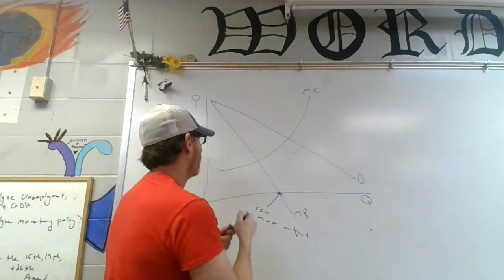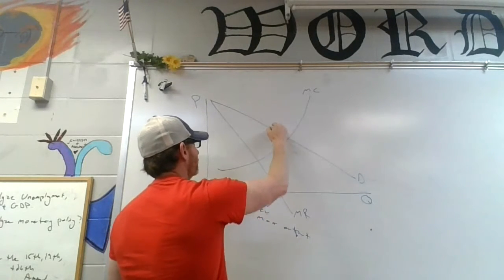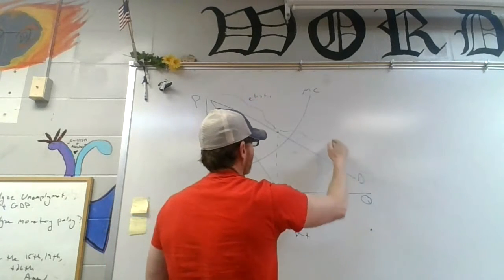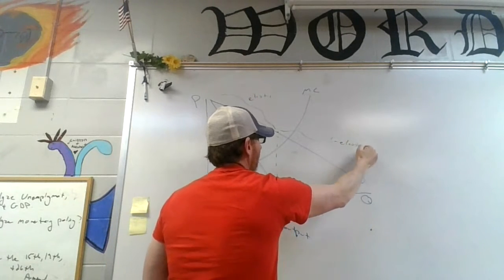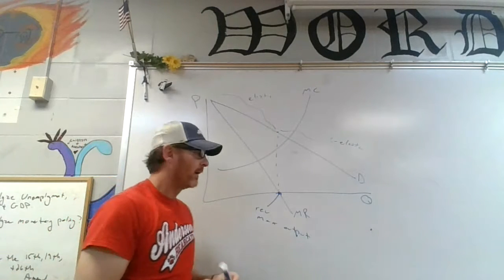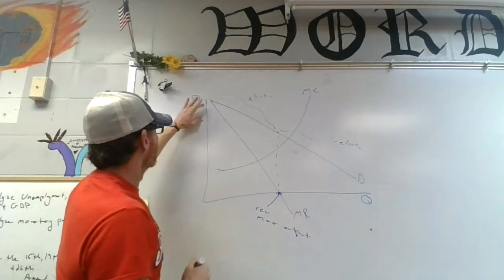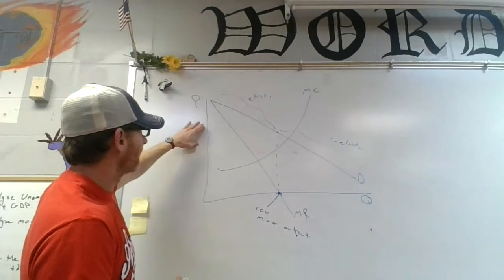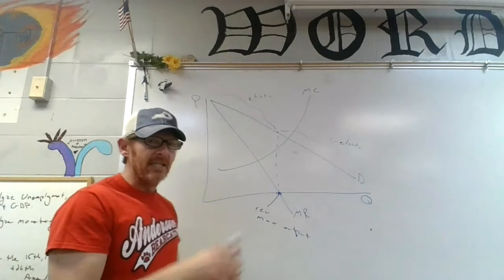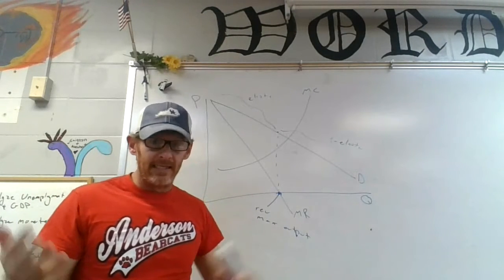And we also know that if we go directly up this way, everything this way is elastic, and everything this way is inelastic. I don't know if that'll happen on this newfangled test, but you'll remember because as we're going down this way and the price is dropping, total revenue is still going up. So a decrease in price leading to an increase in total revenue is elastic.